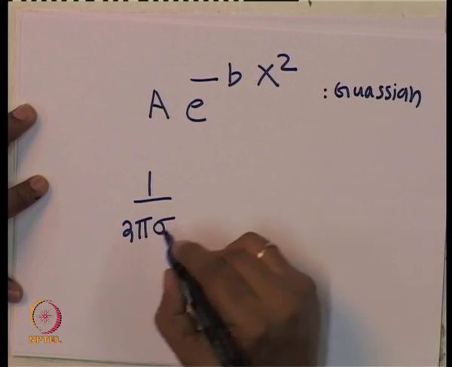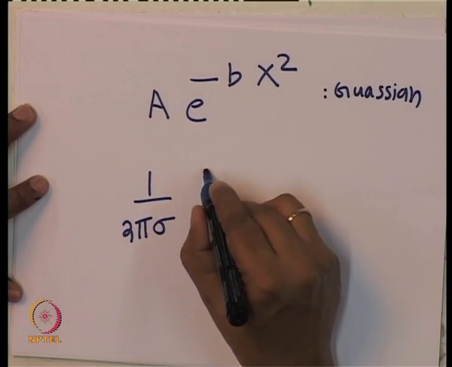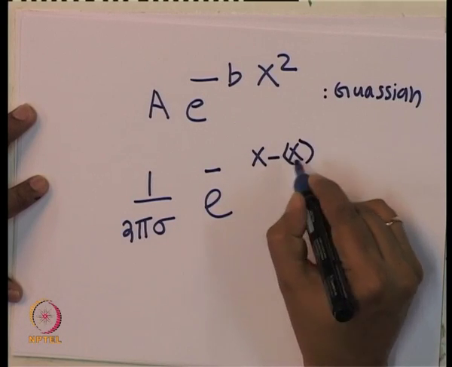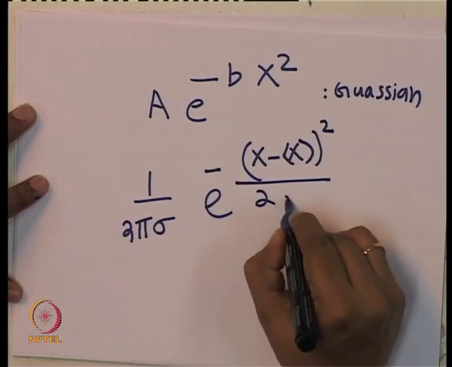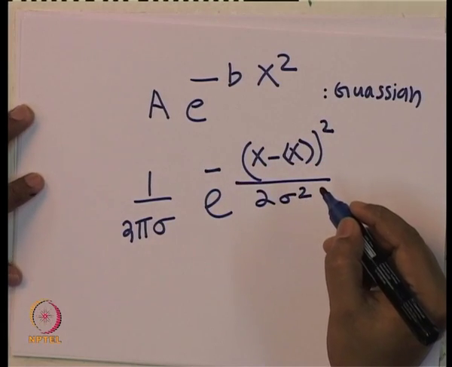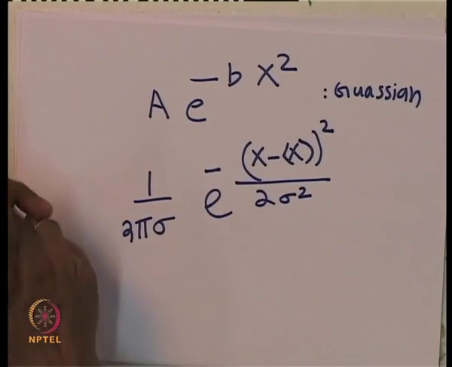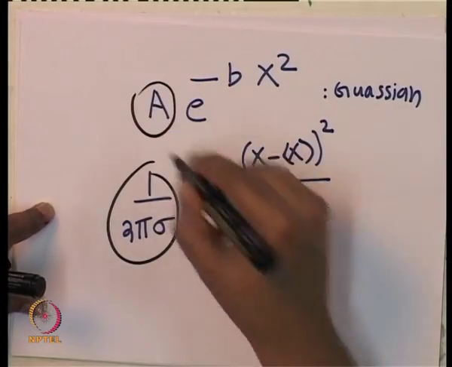When normal distribution is written, if you look at any book, it is written in such a way that x minus, sometimes even written as x average, whole square by 2 sigma square. So, if you compare this and this, it is clear that this is a.